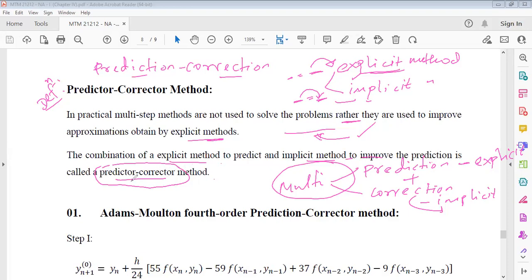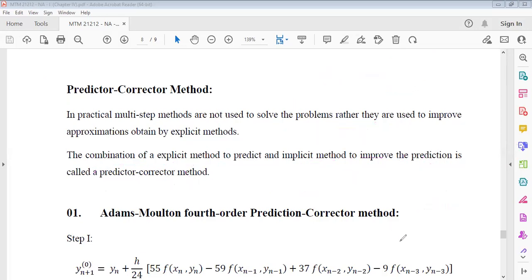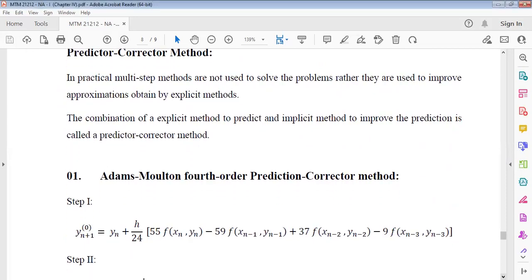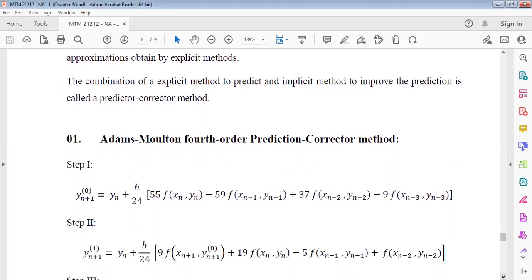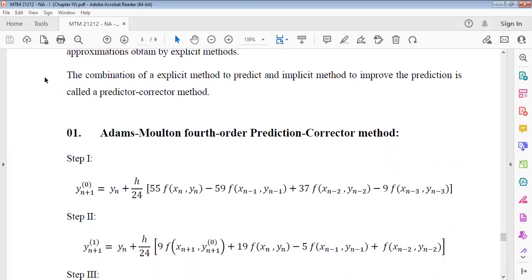Okay, so let's go further. There are two main methods involved in this coursework for the multi-step method. One is Milne's method, which is a little bit tricky.